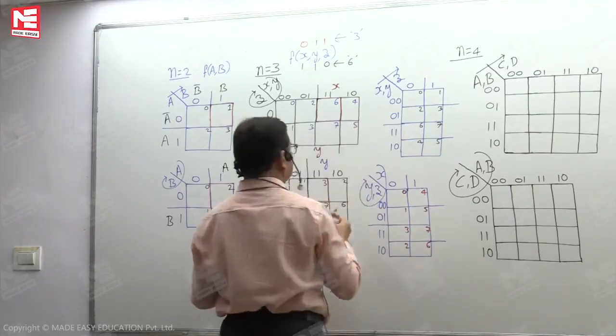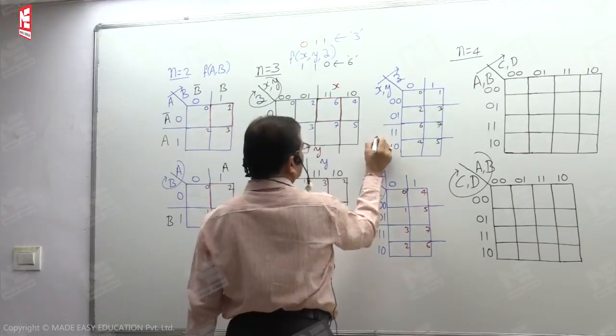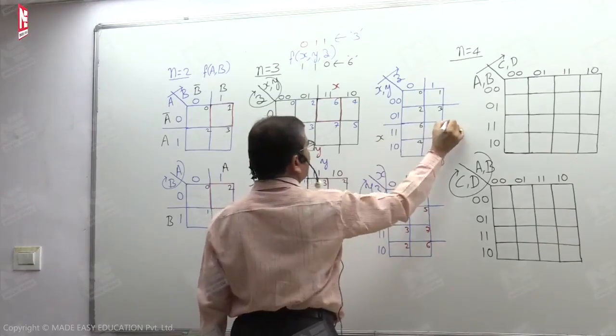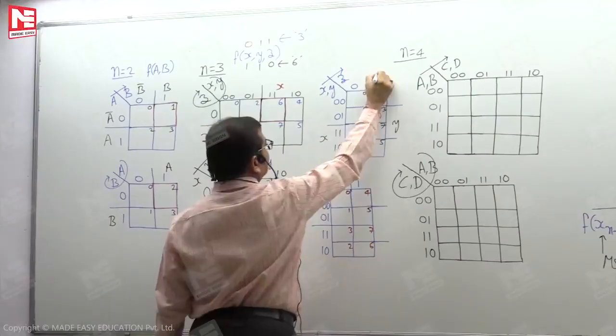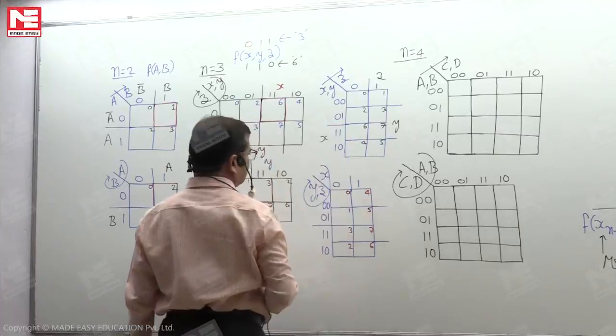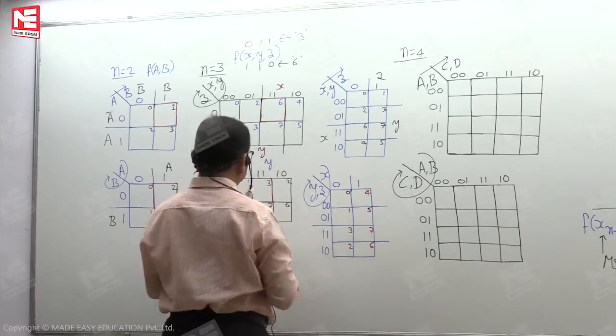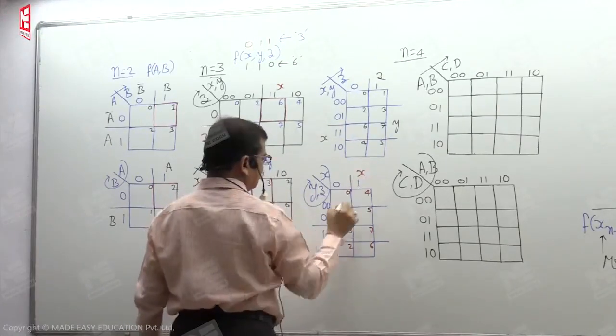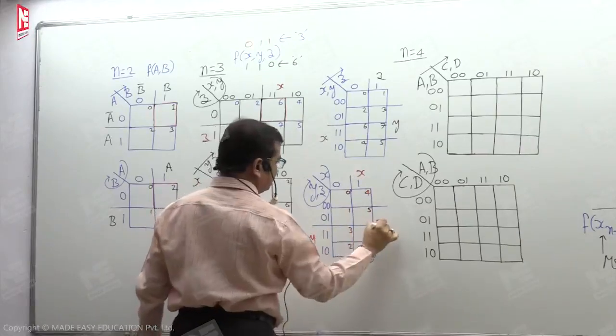If by chance any mistake is happening, you rectify yourself while noting X, Y, Z. Coming to this, here it is X, Y, Z.